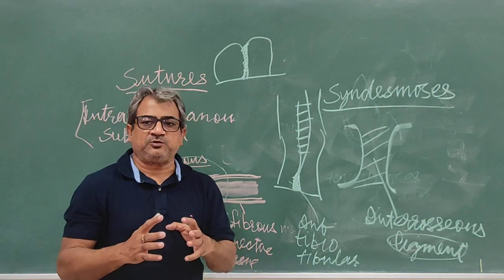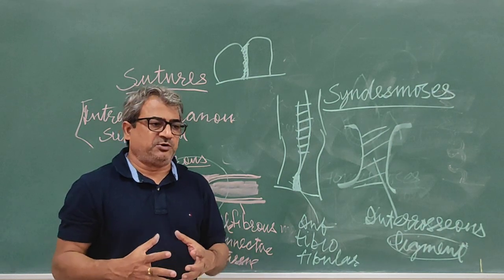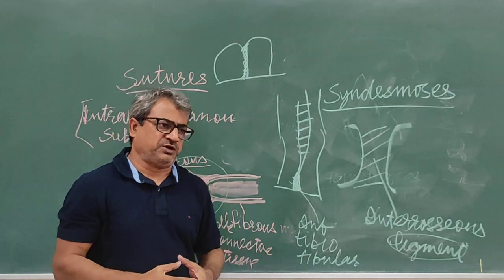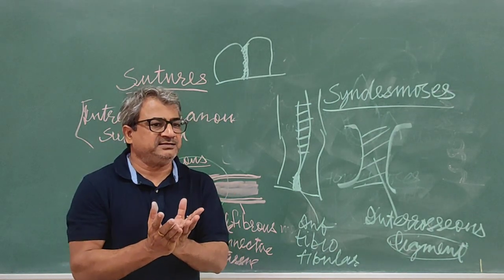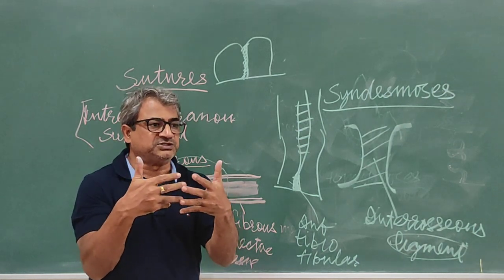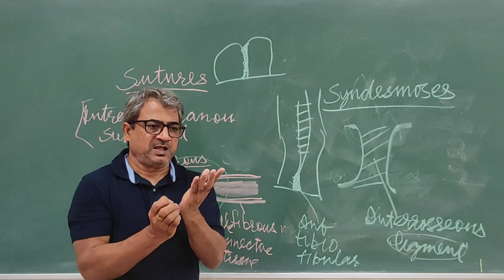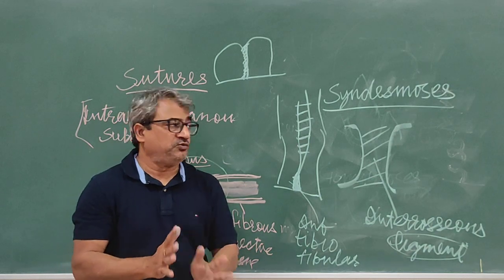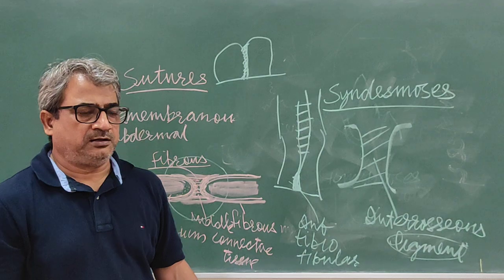Right? So we have to be very flexible with the definition of the syndesmosis. Syndesmosis cannot be classified as a very organized kind of joint structure. The joint structure is variable. The only commonality is that between the two planes of the bone which are not fitting into each other, otherwise they will be sutures, a fibrous tissue is present which is joining the two. That is syndesmosis. So with this we complete the fibrous joint. That's it.